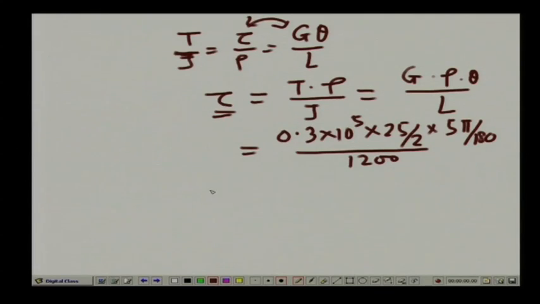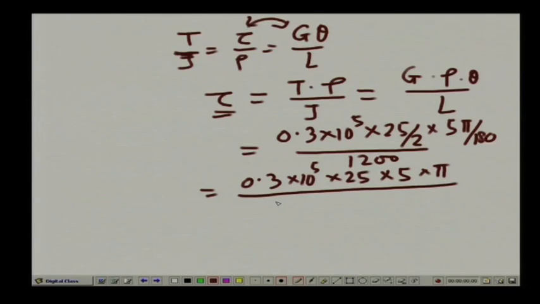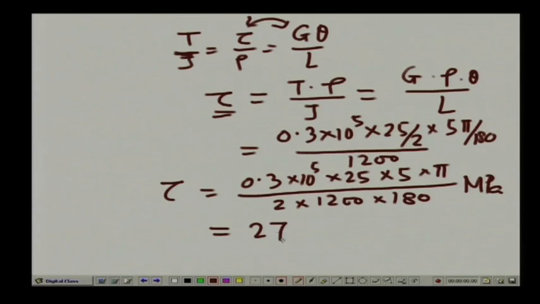So, this is equal to 0.3 into 10 to the power 5 into 25 into 5 into pi divided by 2 into 1200 into 180. So, this is so much of MPa or Newton per millimeter square, the shearing stress tau, and this value comes as 27.27 MPa.